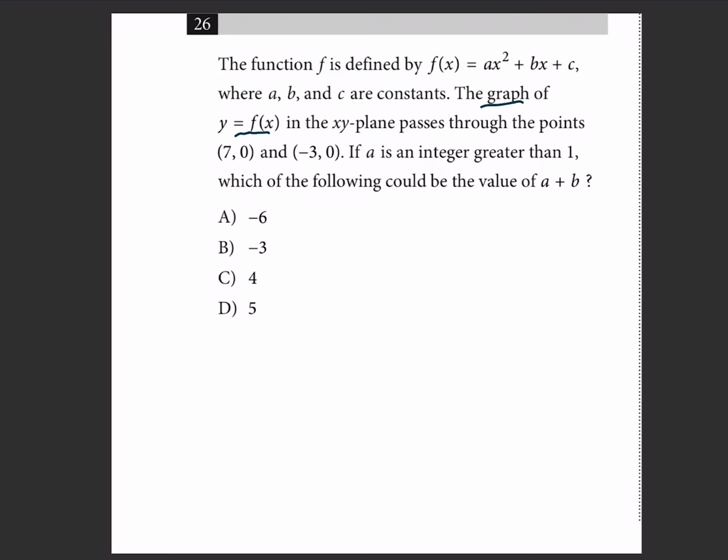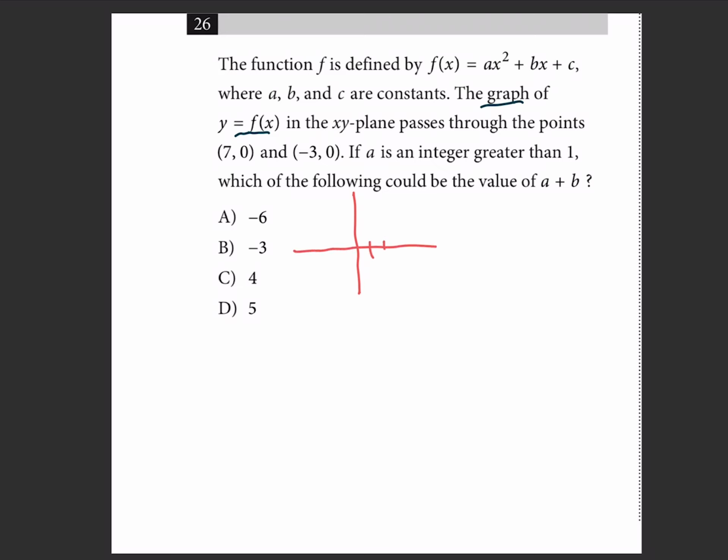So a specific function we have now is going to pass through these zeros. Okay, so immediately there's a couple ways you could approach this. What I immediately would do, if you give me coordinates, I'm going to sketch it. Sometimes it really pays, especially if it's a complicated word problem, to just go visual. Get yourself a visual. So I'm going to just draw a coordinate plane, very, very rough.